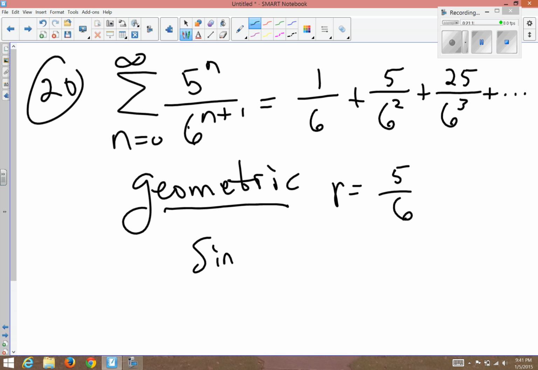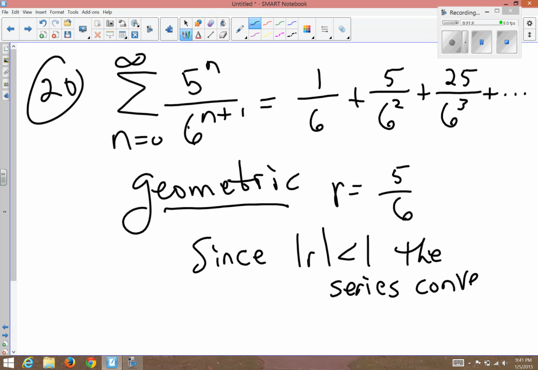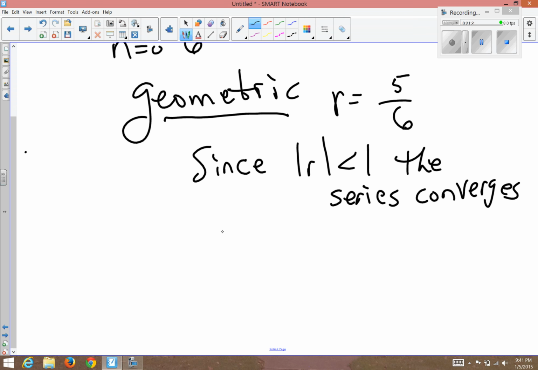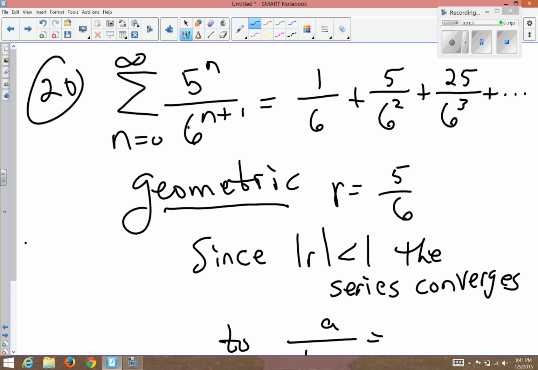Since the absolute value of r is less than 1, the series converges. The sum is a over 1 minus r, and by a, we mean whatever the first term is.